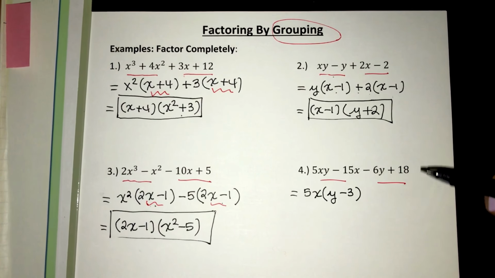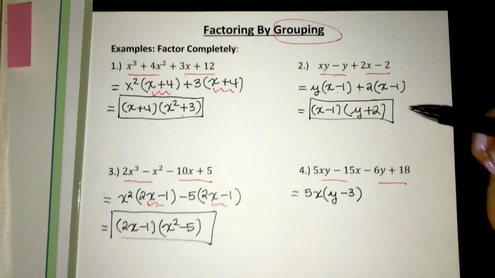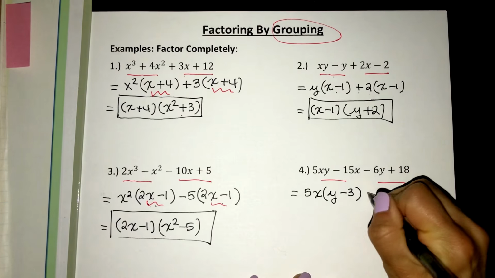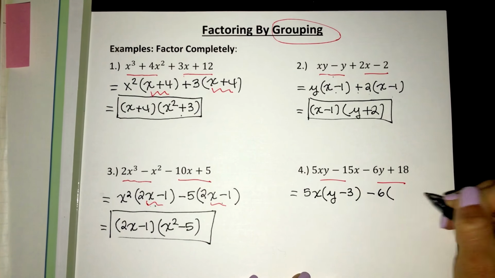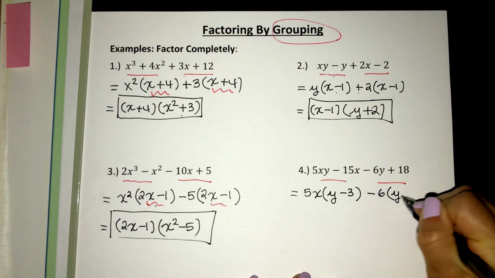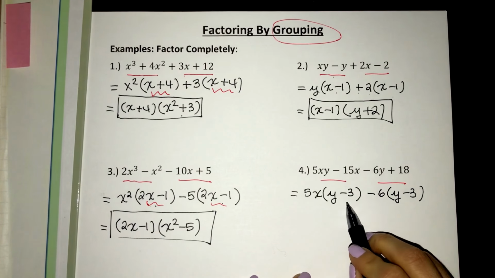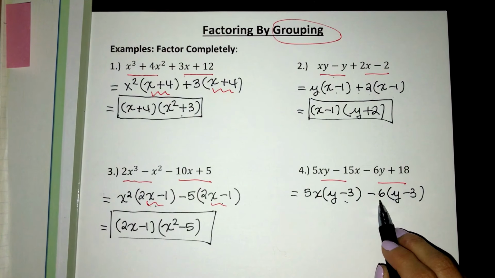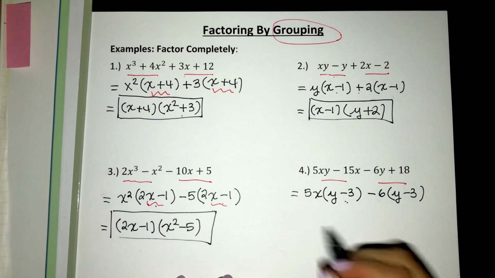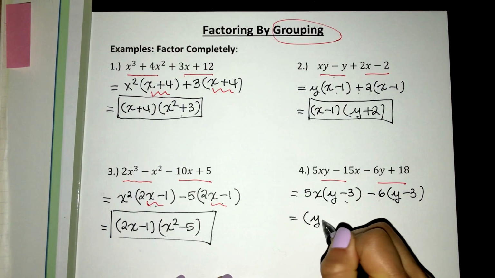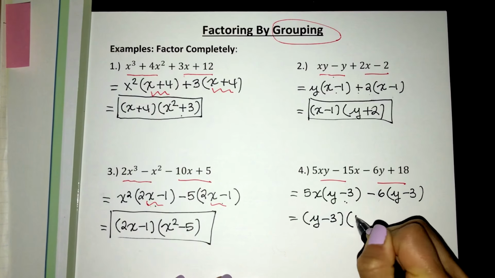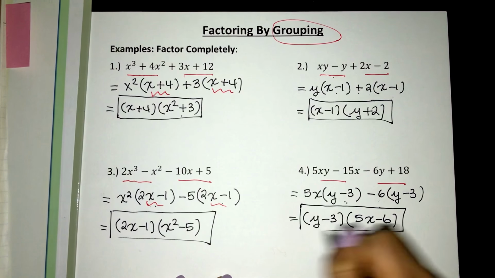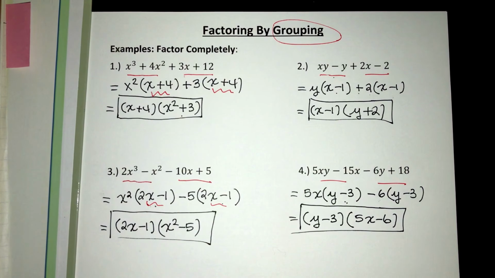And then the second part, the GCF that we're going to factor out has to be negative 6 so that we get y minus 3 to match the first part. So we had to factor out a negative GCF here as well. And then we write our last step, which is y minus 3 times 5x minus 6. And that would be our last example.